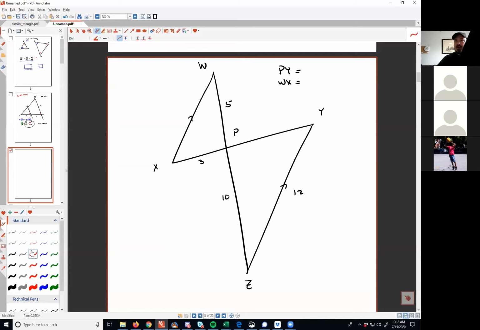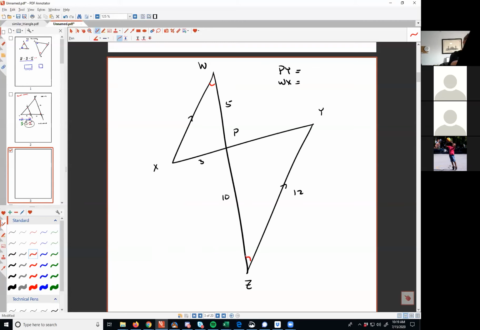Shreya, can you give us a pair of equal angles? David? Angle PWX is equal to angle PZY.